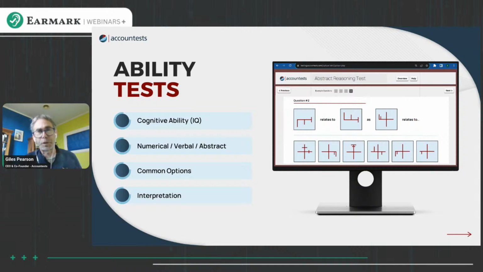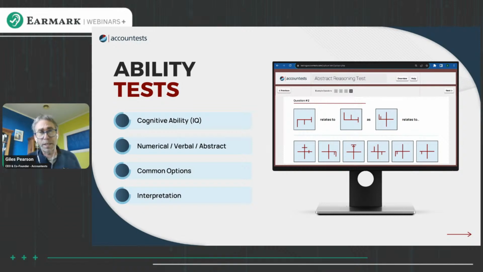There's some really well-known names out there: SHL, Talent Q, and Connexa. We've actually developed our own as well, which are not online yet, but you'll see those shortly, that are more specific to accounting. But in essence, it's an IQ test.